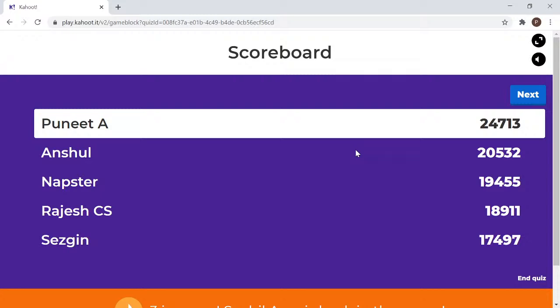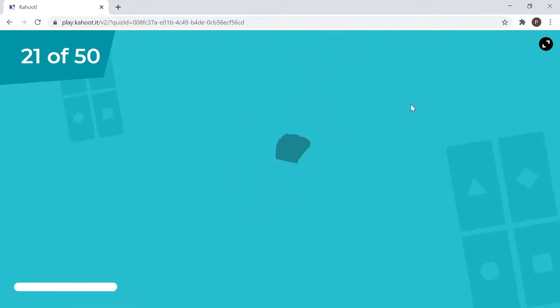If you select all the correct answers, then you'll get double the points. If you select a specific correct answer and not the other correct answer, then you'll get points for the number of answers you select right. But if you select any wrong option, then you will be given 0 points. So that might make a lot of difference. Choose your options carefully in a multi-select question.